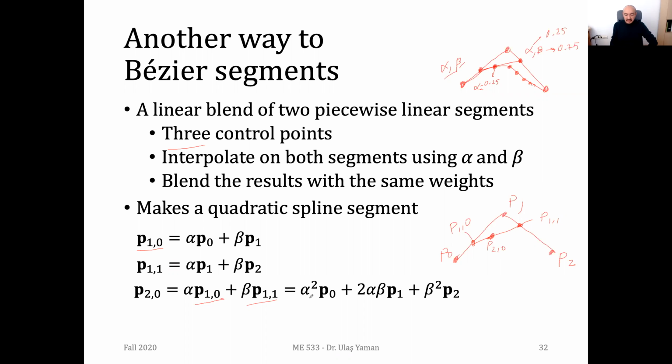And we can simply represent it. If you put all these equations into the final equation, you will see that it is a quadratic equation, and it's now represented by the control points P0, P1, and P2. Any questions, guys?